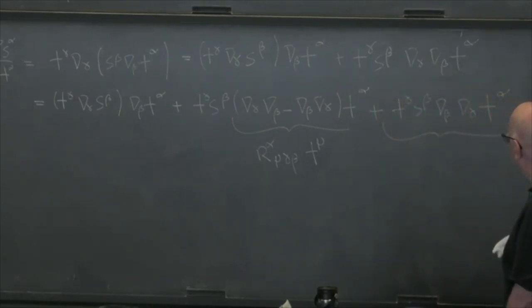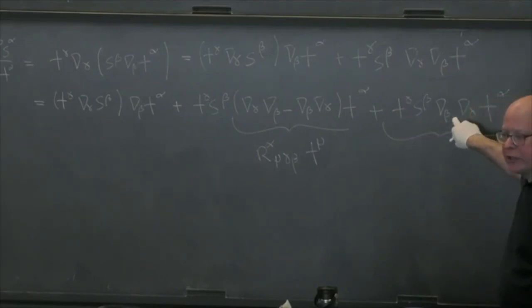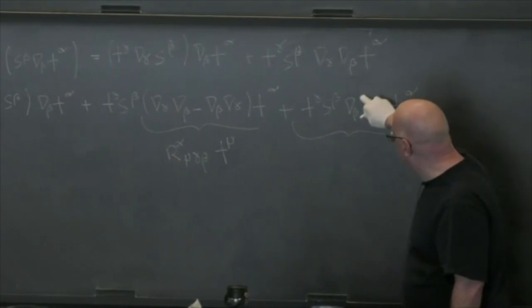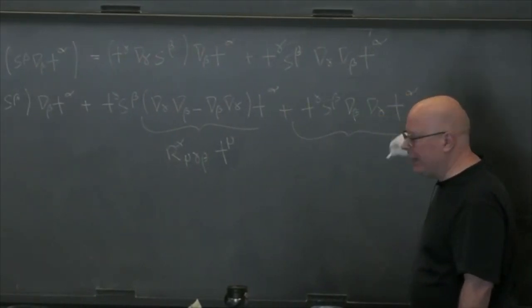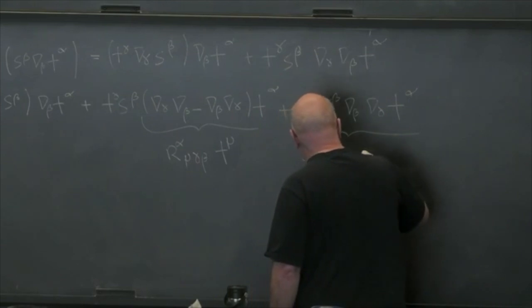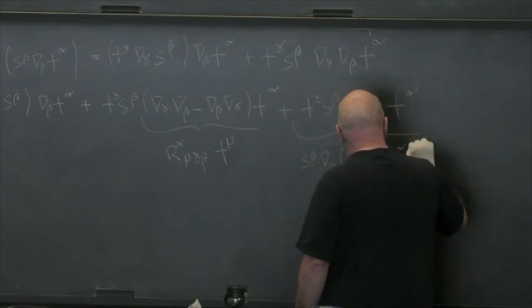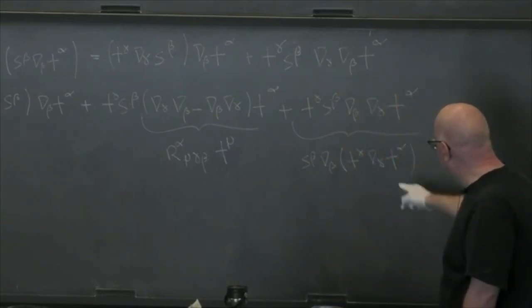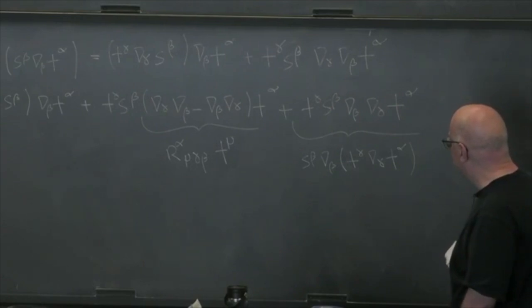And what I'm going to do here is throw the T vector inside that derivative. That's going to be helpful because it's going to give me the geodesic equation and a nice zero. So let me do that. I have S beta, I have the beta derivative, and now I'm going to throw in the T gamma in here. And now I have something that's zero, that's the geodesic equation, the statement that this is zero.